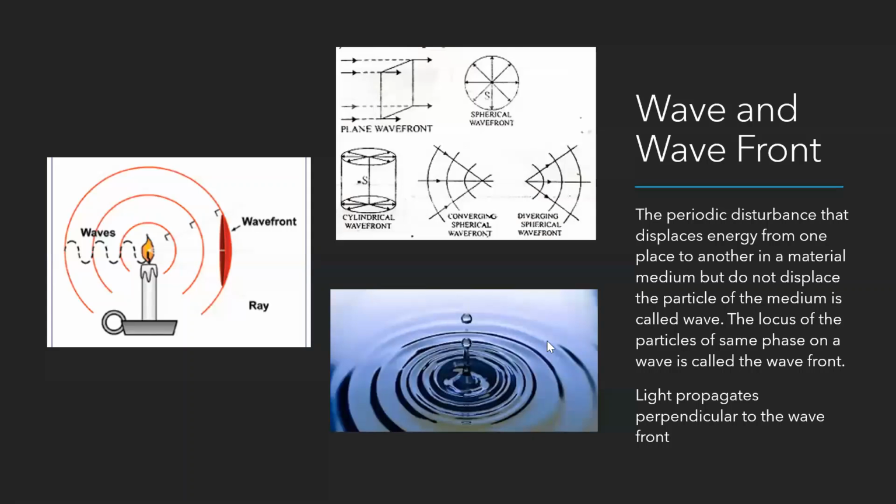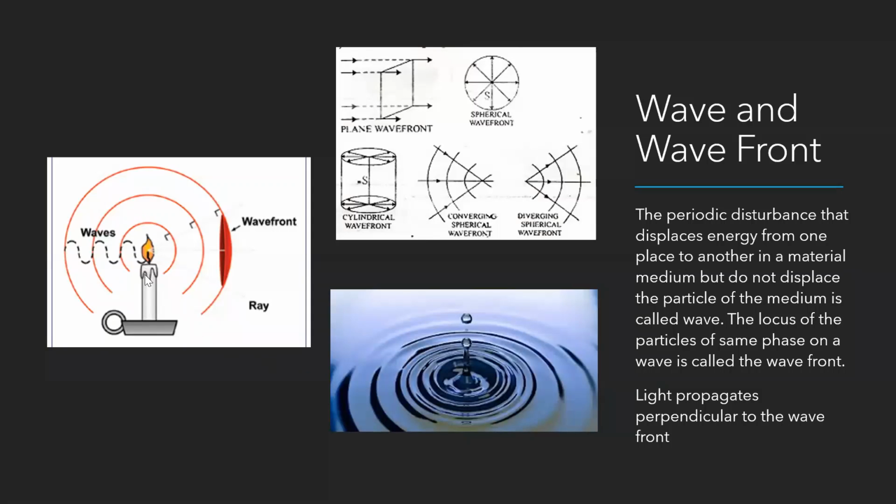Therefore, for water waves on the surface of water, the wavefronts have circular shapes. This disturbance will move outwards, but the particles will not move. So this is the case of a water wave on the surface of water.